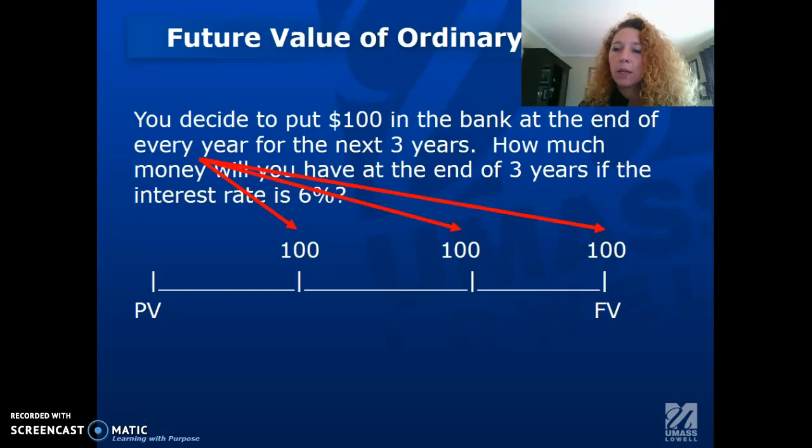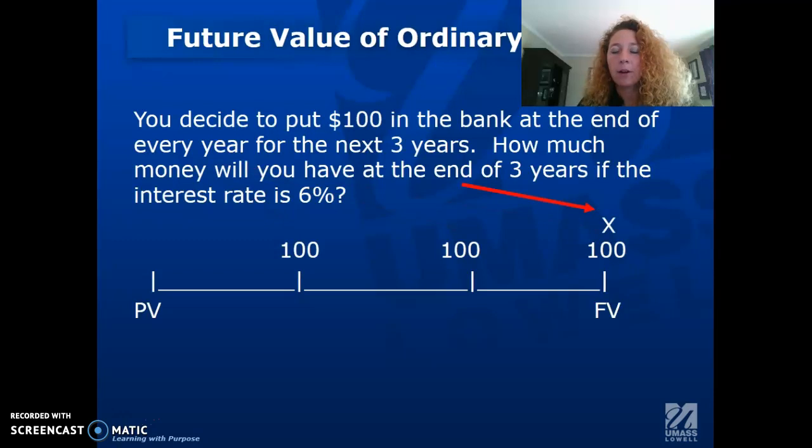So put it where you think it goes. How much money will we have at the end of 3 years? Now, I know it might not look great, but put it somewhere. Maybe not where you want to put it, but where it belongs. All right, hopefully you have it right there over the future value, because it's asking us, how much are we going to have in the future, not how much will we have today. I know it looks funny, but it can look like this, okay?